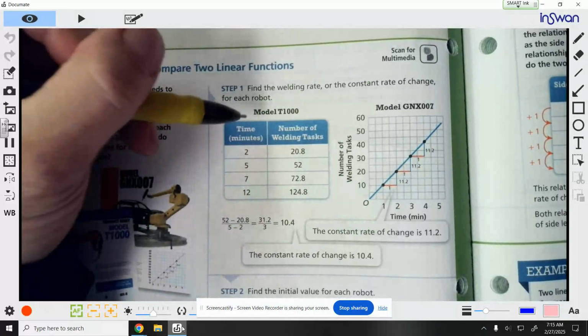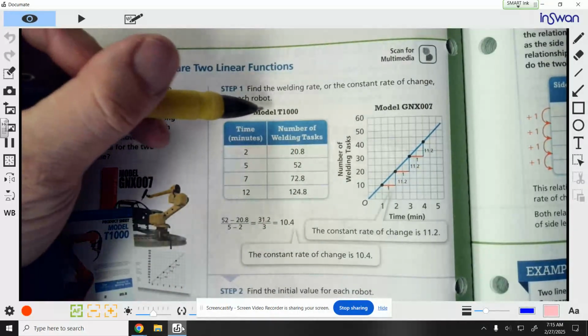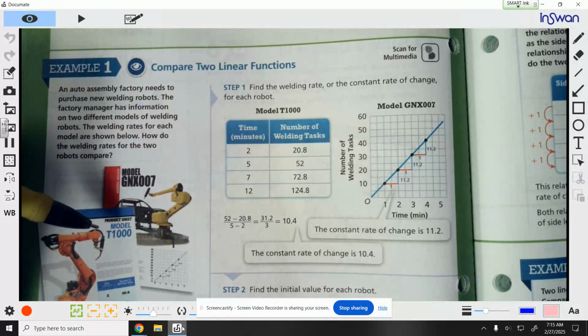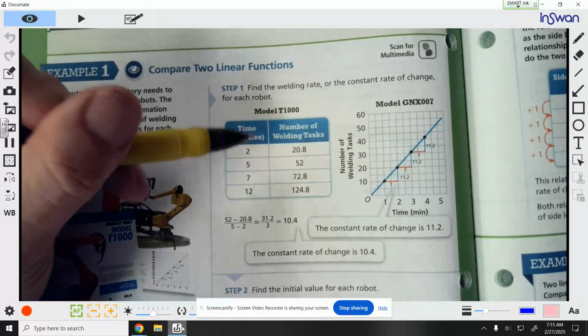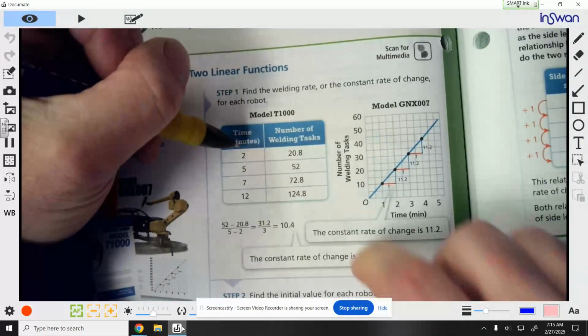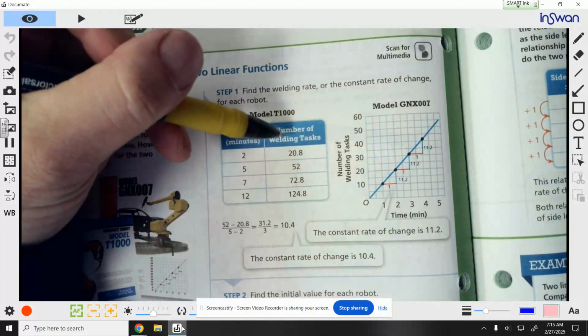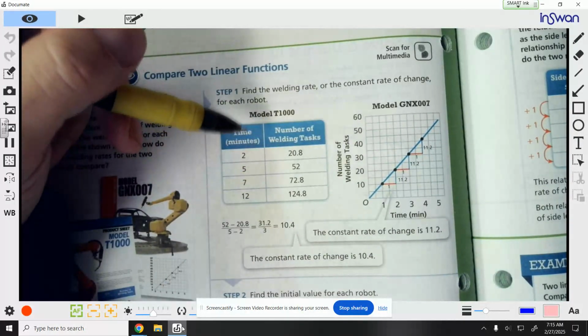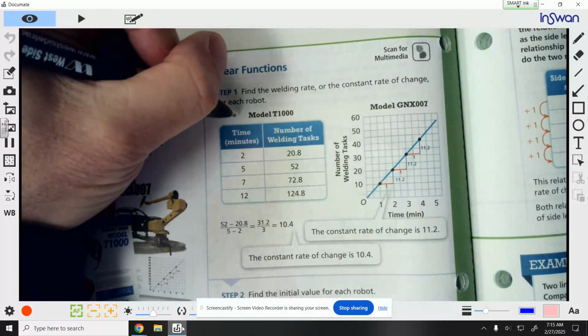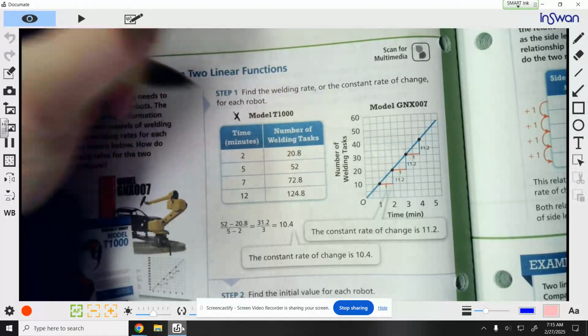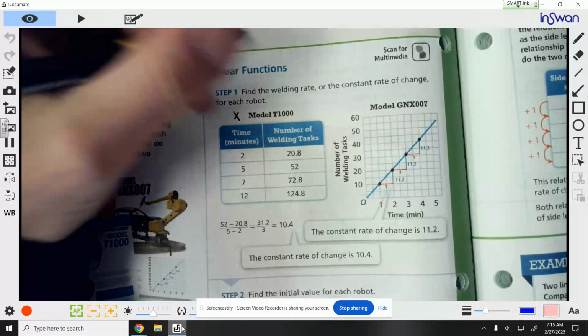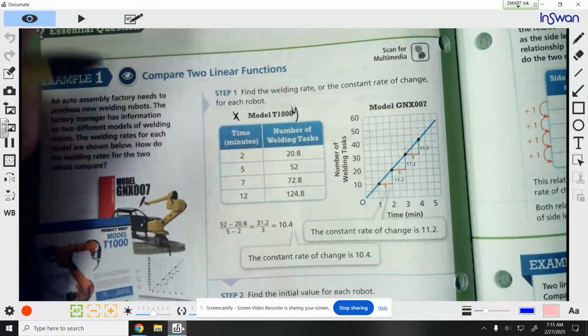All right, so if we look at this first model, the model T1000 over here, here is a list of how many minutes versus how many tasks it can complete welding. And we know from experience that usually this first column here is our X column, and this is our Y column.